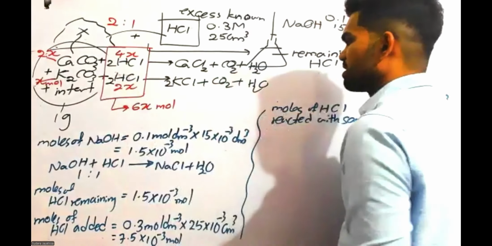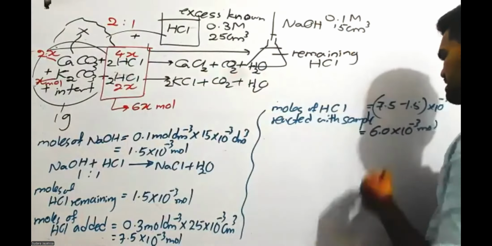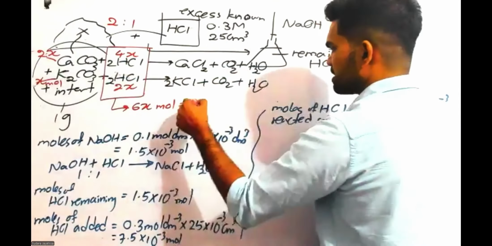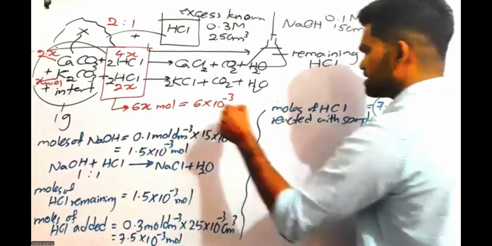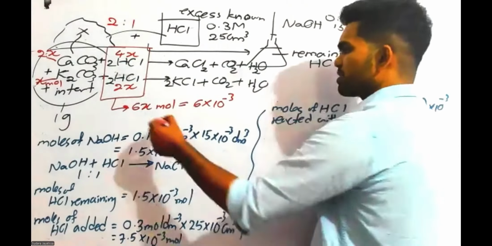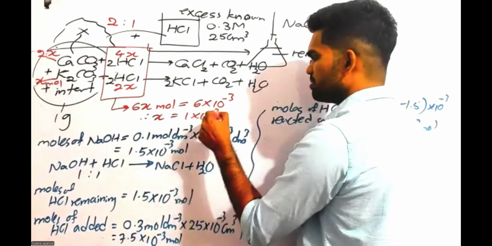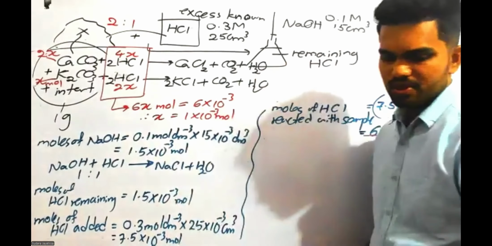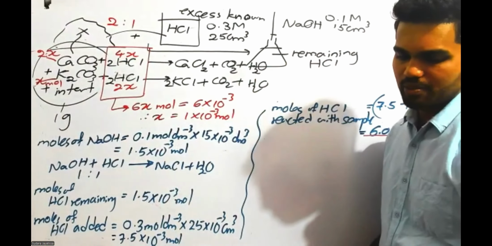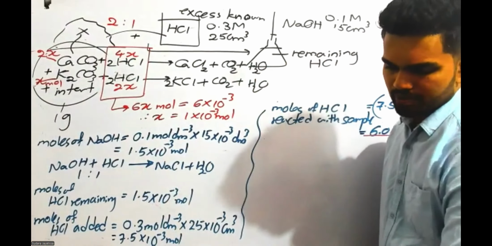Understand? 6x moles is equal to 6 into 10 to the power minus 3, which is coming from here. Because this is the reacted moles, no? Actual moles. So you can find then x is equal to 1 into 10 to the power minus 3 moles. So now we cracked the question. So what's the last part they're asking?